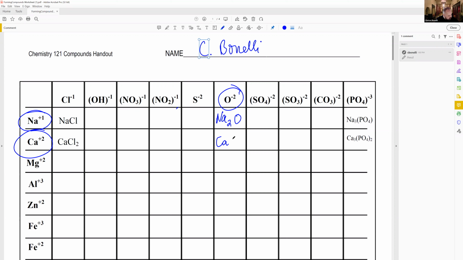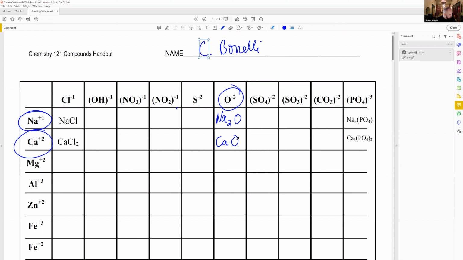We just write CaO. Again, because each atom of oxygen needs 2 electrons, and each atom of calcium already has 2 electrons to give up. So for one atom of oxygen's need, 1 atom of calcium will come in and fulfill that need.